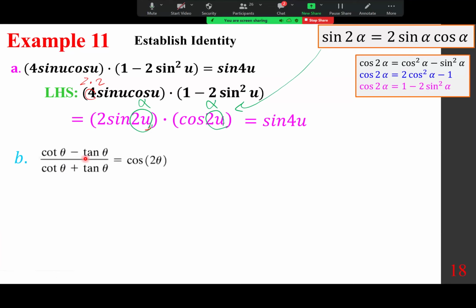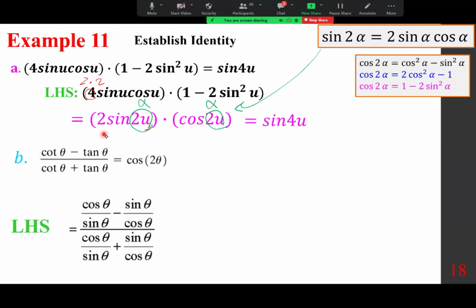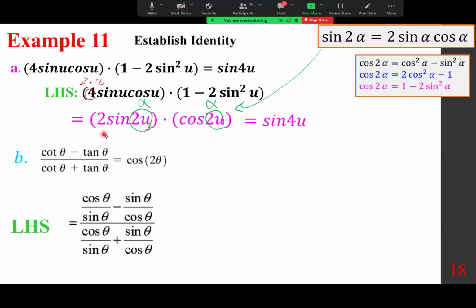We want to prove cotangent theta minus tan theta over cotangent theta plus tan theta is cosine of 2 theta. Generally speaking, when you have tan and cotangent, go from cotangent and tangent to sine and cosine, just change them accordingly. So the left-hand side, cotangent is cosine over sine, tangent is sine over cosine. That's how we begin.